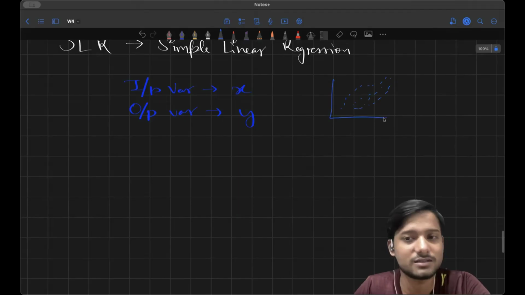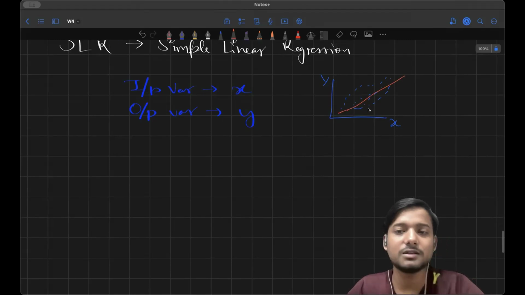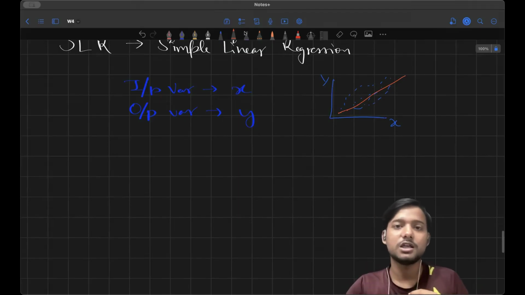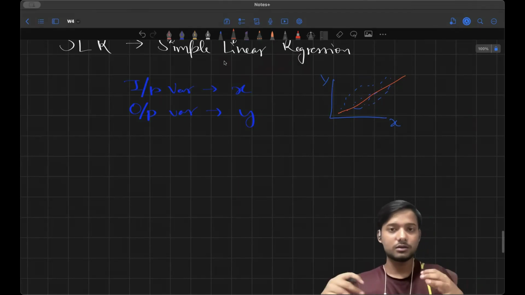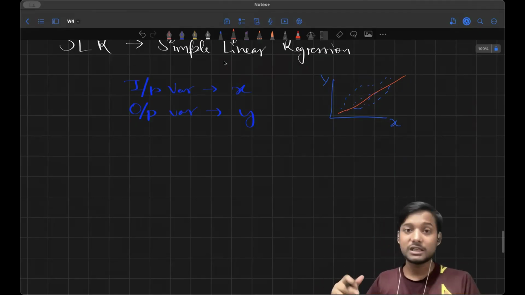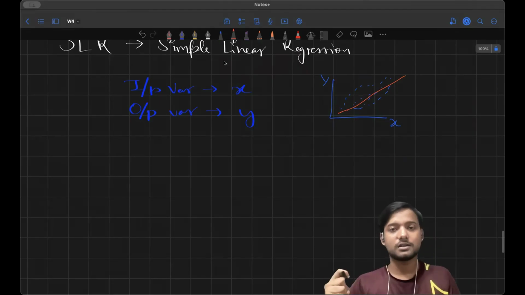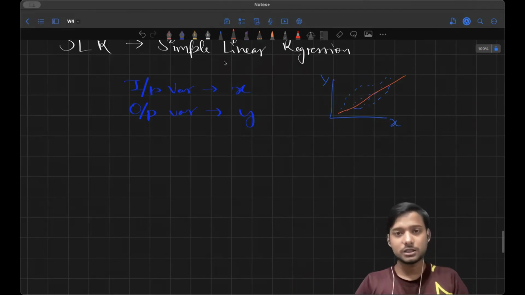If you see this, if x is on my x-axis and y is on my y-axis, I can directly see from here that there is a sort of linear trend between my x and y variables. So in the scenario where we are sure that there is a linear trend between the x and y variables, then we use linear regression to capture this linear relationship.